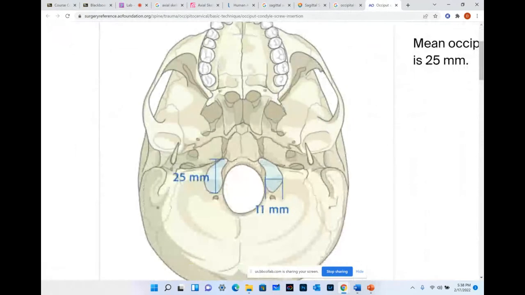And you can see right here, these are occipital condyles. And this right here is your mandibular fossa where the mandible comes and sits.